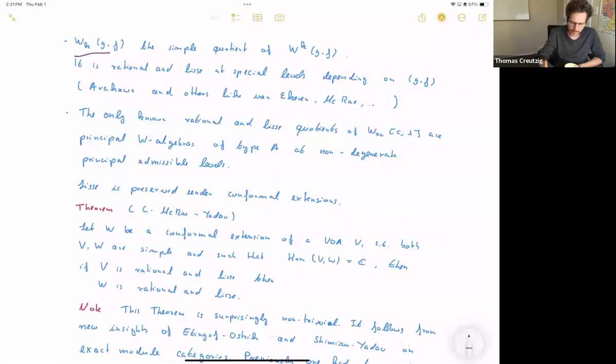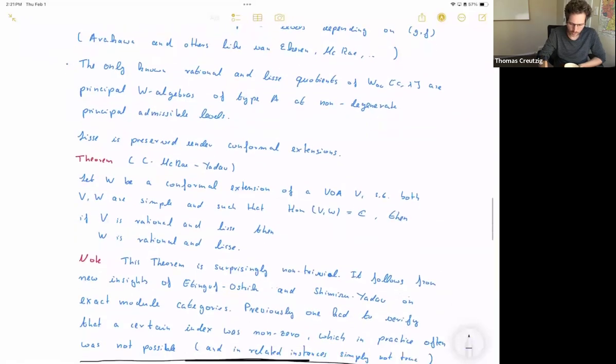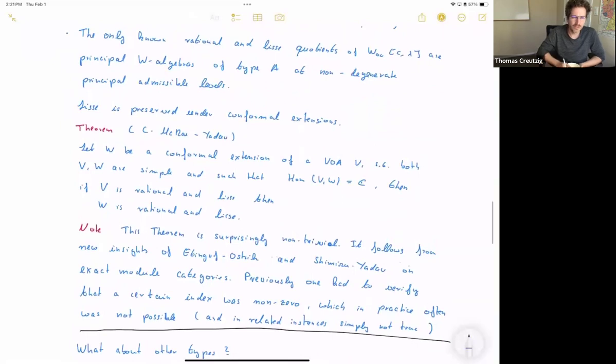And now let me also tell you why this has been bothering me. This is the note I write down here. I think many of you have heard about this. First of all, a vertex algebra that is rational and Lisse has in particular the property that its category of modules is a nice semi-simple modular tensor category. And VOA extensions, by this nice insight of Wang, Lipowski, and Kirillov, are in one-to-one correspondence with commutative algebras in the category.